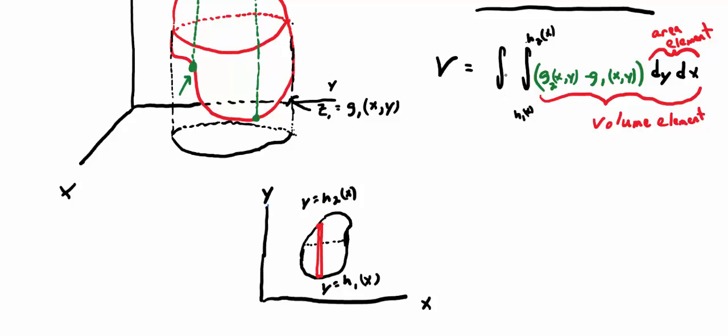And then the outer limits: figure out the left-most x value, call it A, and the right-most x value, call it B. The lower limit's A, the upper limit's B. You've been dealing with this sort of setup in 15.3 and struggling through it. It's always a struggle to get used to, but eventually it gets easier.